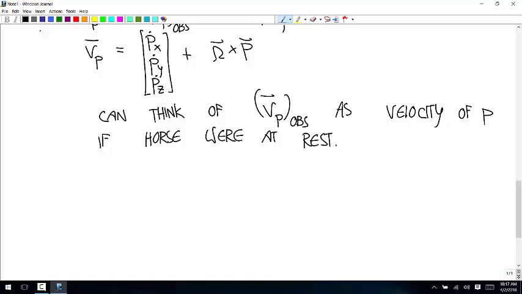Okay, so the velocity of P that's observed, it's just a circular motion, so it's going to be equal to lowercase omega cross r.